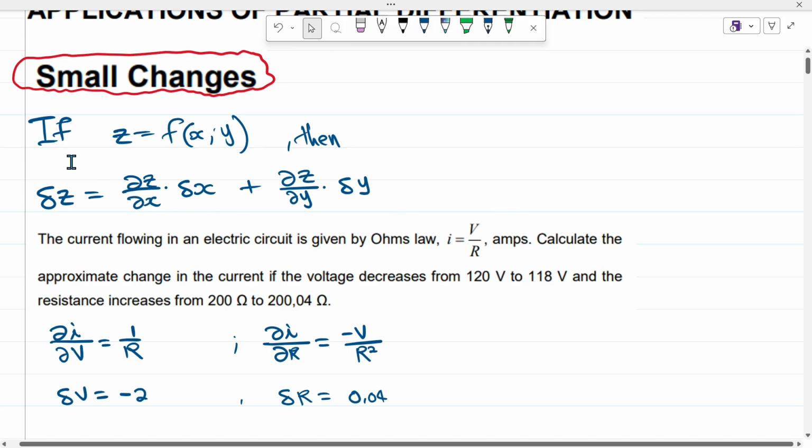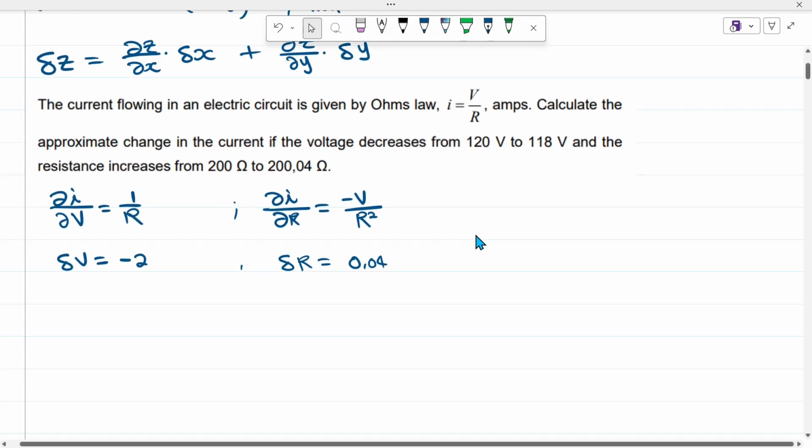So now we just need to rewrite our small change formula with respect to this formula. So let's do that just now.